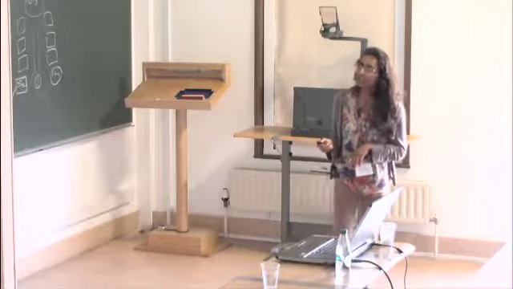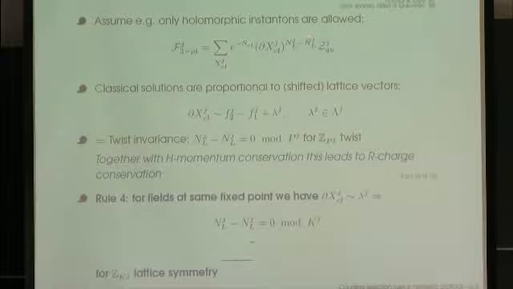Using that symmetry, one can show that this combination, the number of holomorphic oscillators minus the number of anti-holomorphic oscillators, must be equal to 0 mod Pj, where Pj is the order of the orbifold twist in the jth plane. Again, this is called twist invariance.